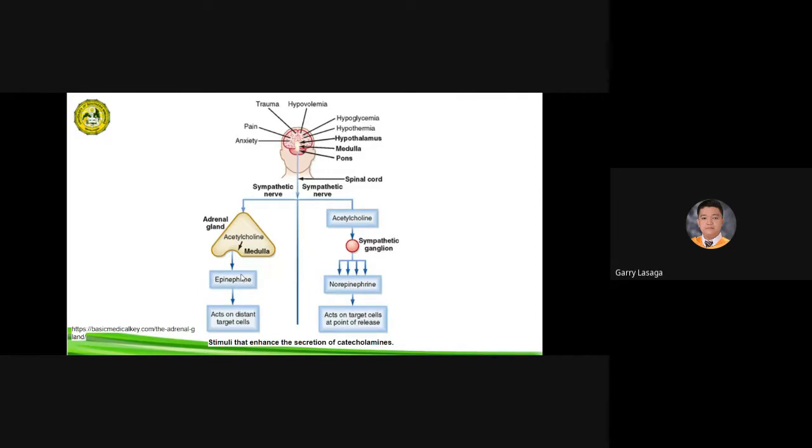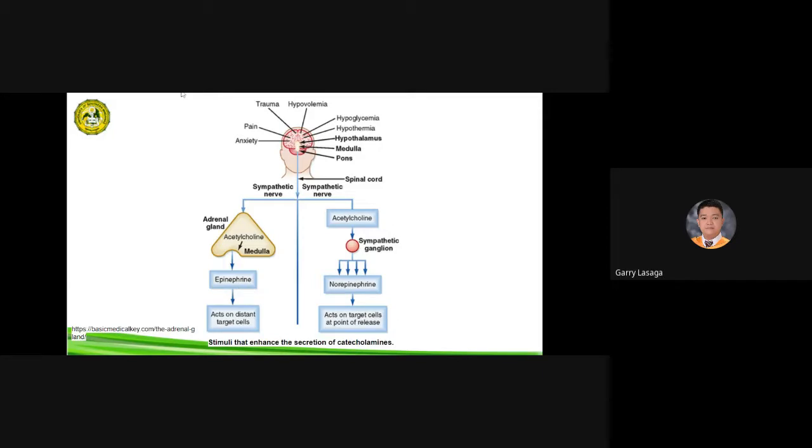Norepinephrine and epinephrine are both part of the brain or the nervous system and the endocrine glands. So when, for example, this epinephrine will act on the brain, they will be considered as neurotransmitter, and they are also considered as hormones.